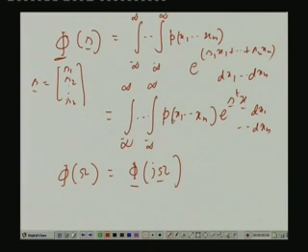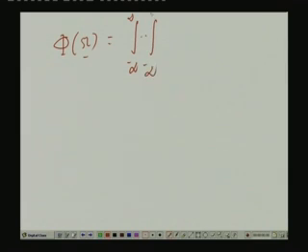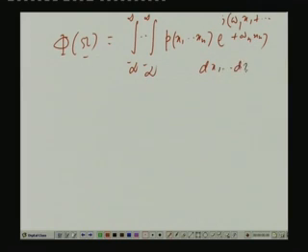Also, as before, you can get back the joint density from the characteristic function, because after all this is a Fourier transform relationship. Okay. That is, as you have seen, the characteristic function phi of omega vector is nothing but, I am rewriting the expression again, the joint density multiplied by e to the power j times omega 1 x1 plus dot dot dot plus omega n xn, dx1 dot dot dot dxn.